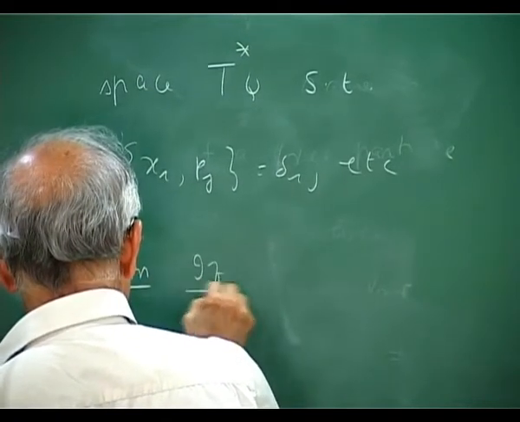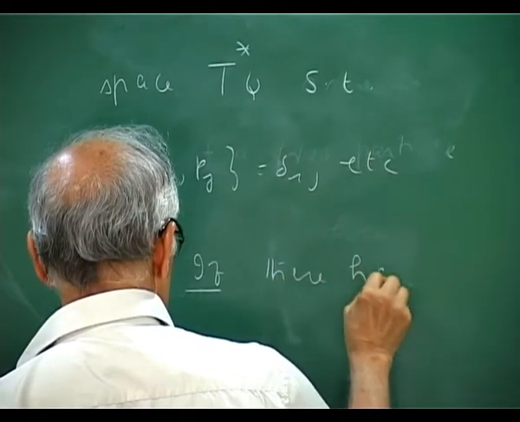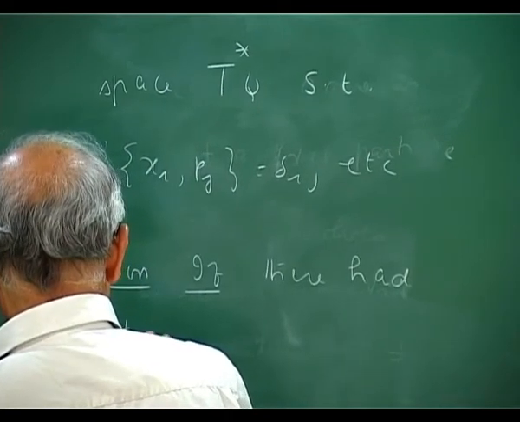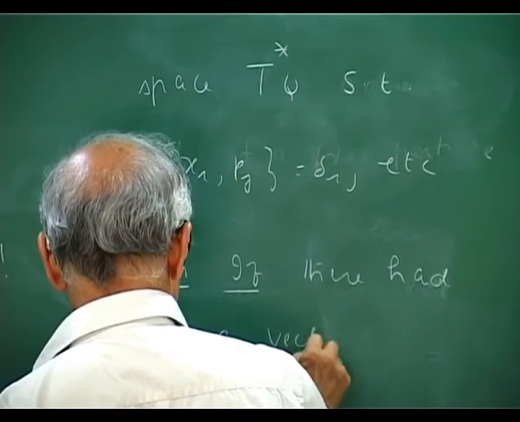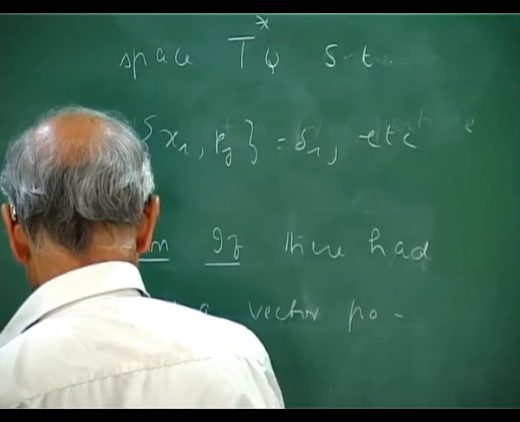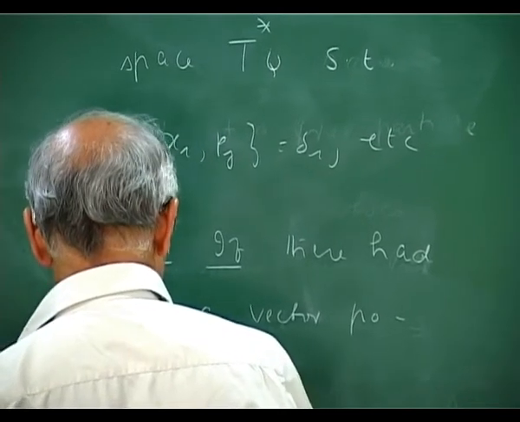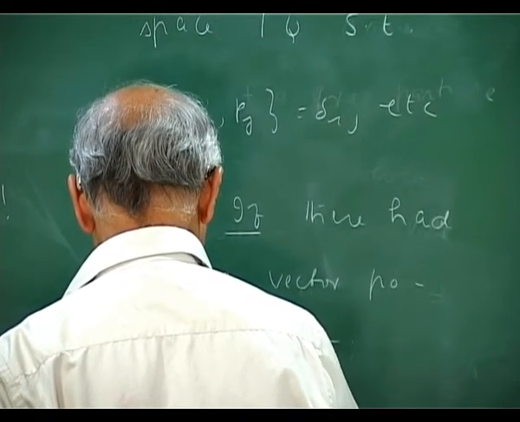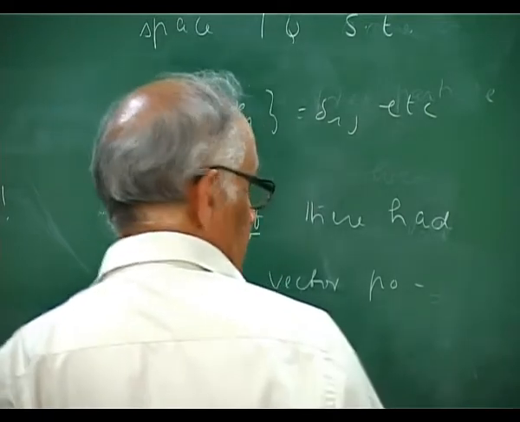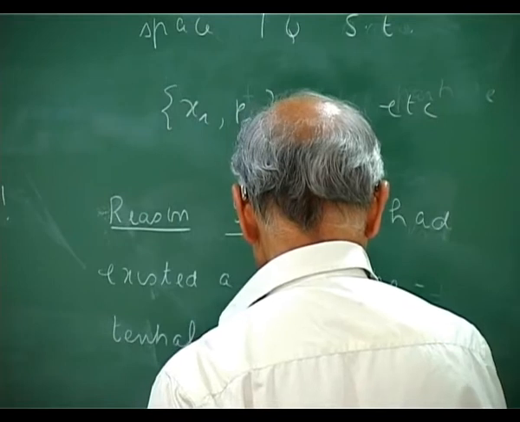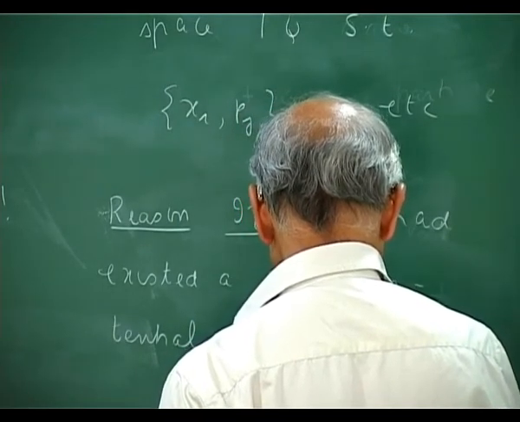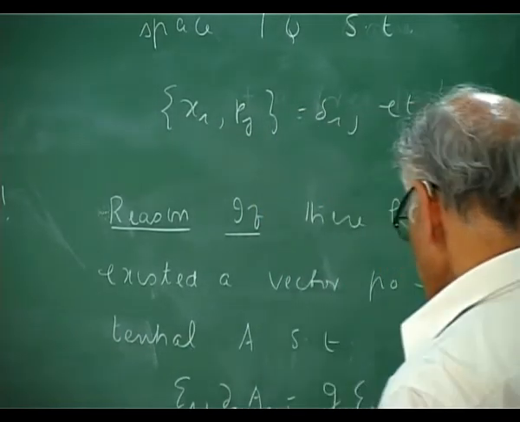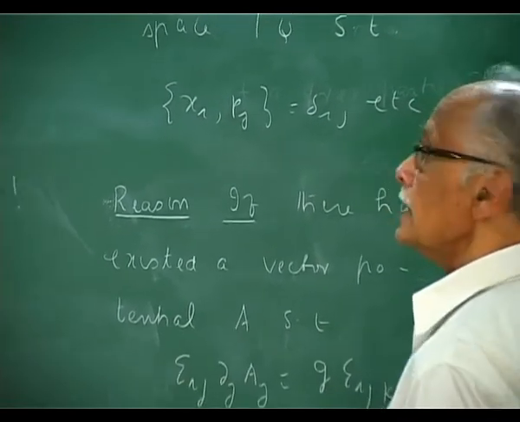If there had existed a vector potential A such that curl, epsilon ijk dj Ak, is my magnetic field, which let me call it G, my magnetic field epsilon ijk, I think xj xk dot, I am not sure of my signs, over r cube, is the dimension correct, magnetic field is 1 over r squared, no?